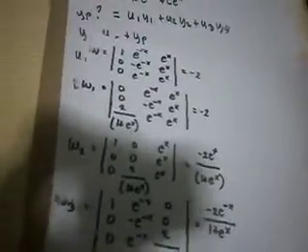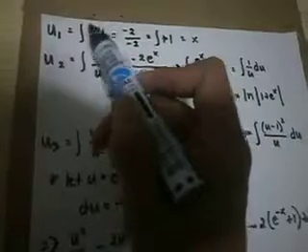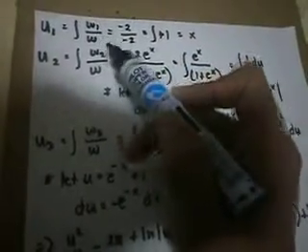Now we are ready to solve for u1, u2 and u3. Solving for u1, u2 and u3, we have this sheet of paper. I said a while ago that u1 is equal to the integral of w1 over w.